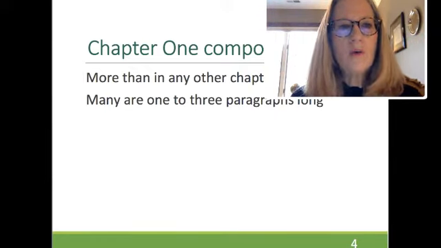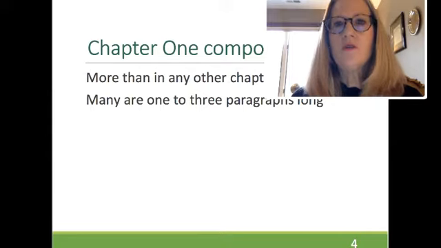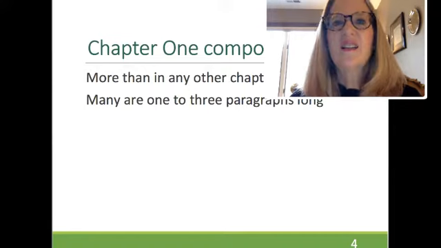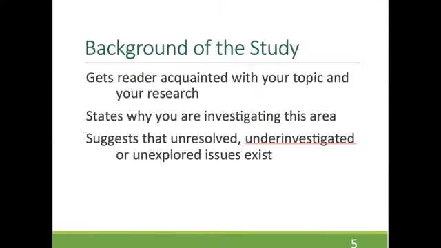So let's go to the first component, and I'm going to try to turn off the camera. The first component is the background of the study. That is simply to get your reader hooked to your topic. It gets the reader acquainted with your topic and your research.